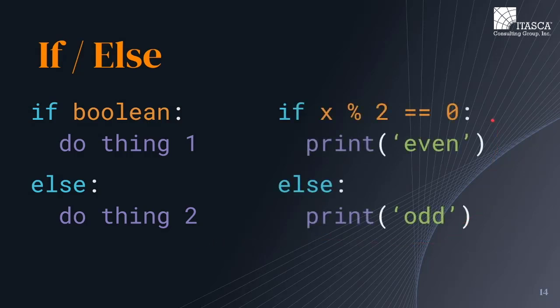So for example, this example uses a special operator which uses the percent sign and represents the modulus operator. So it returns the remainder of x divided by 2. In this example, if the remainder of x divided by 2 is equal to 0, this code statement will print even. Else, it will execute this line of code and print odd.